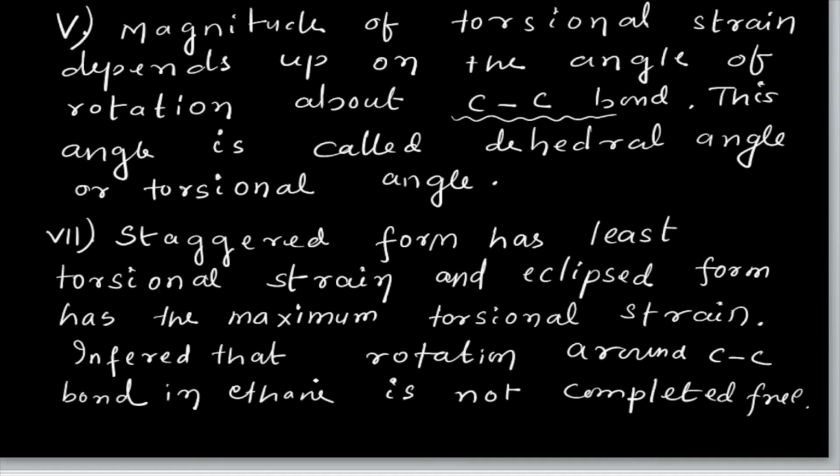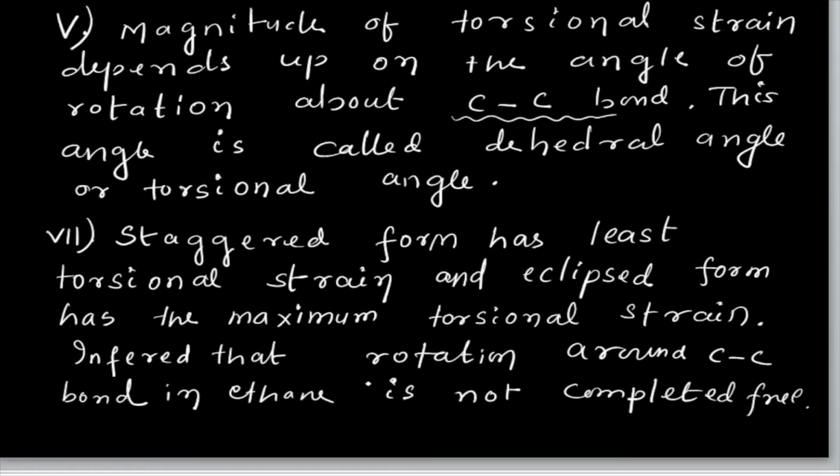We can infer that rotation around the C-C bond in ethane is not completely free, though we can say conformation exists in ethane. Why? Because rotation is possible.